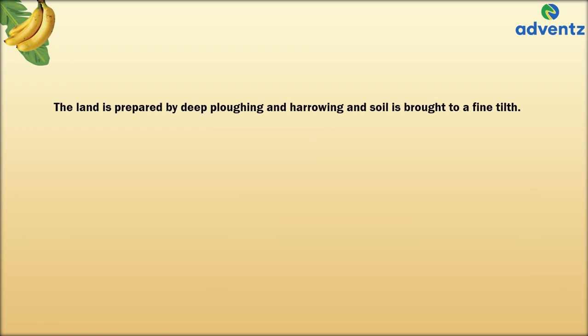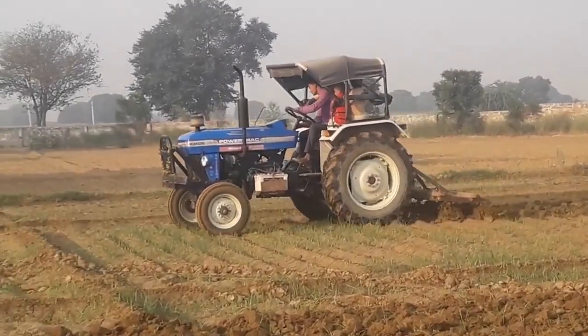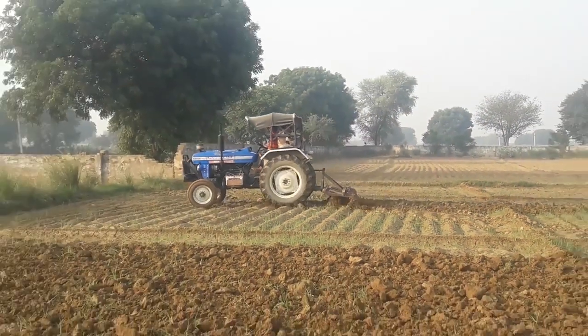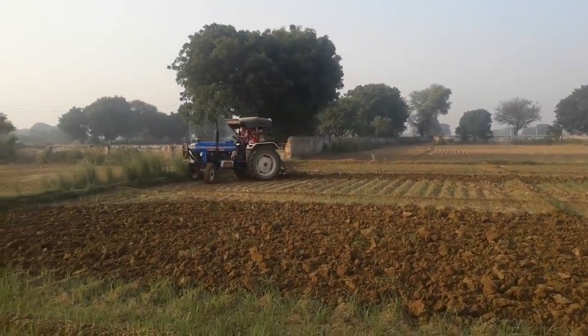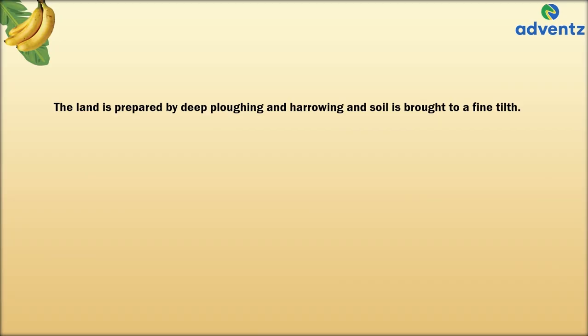Let us now understand the different methods of field preparation required for different types of land used for growing banana. The basic field preparation activities are: the land is prepared by deep ploughing and harrowing, through which the soil is brought to a fine tilth.